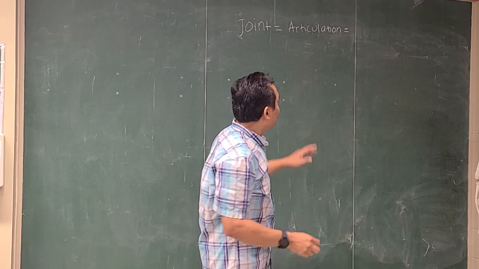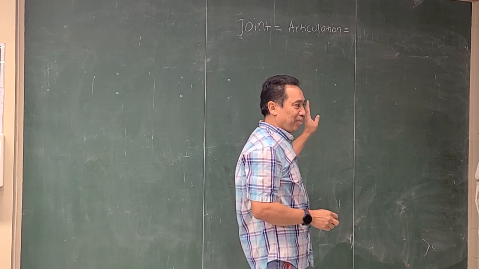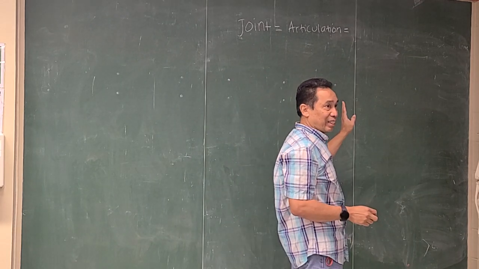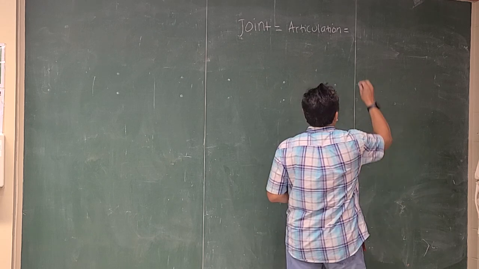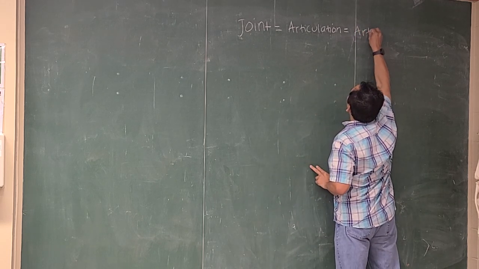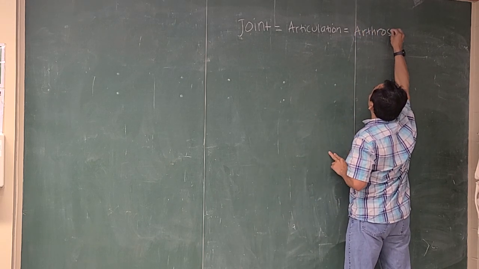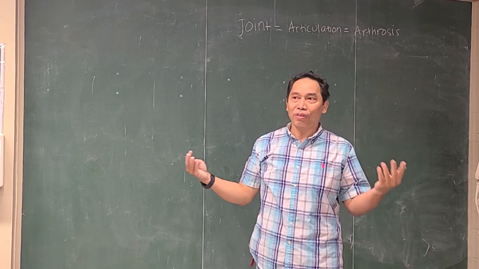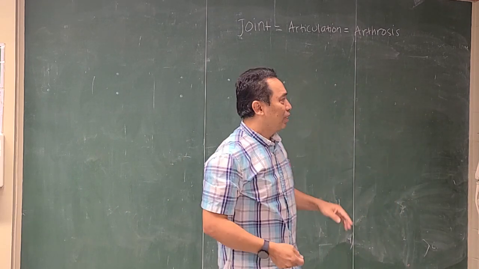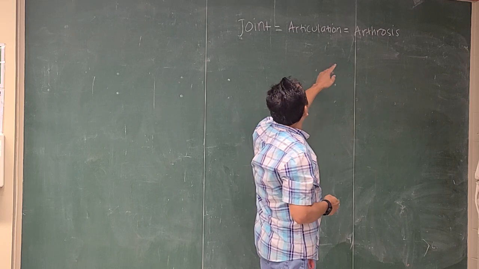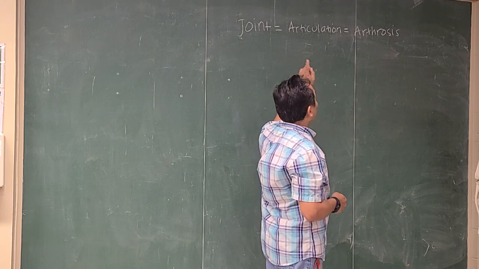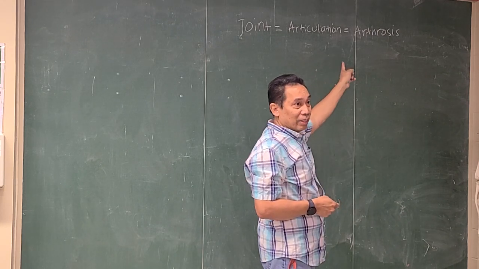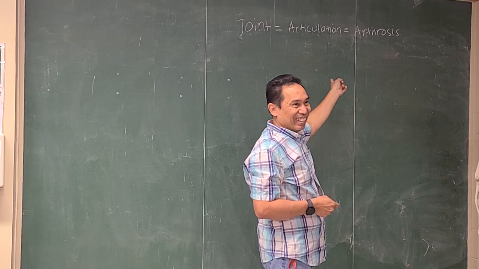And then the scientific name is arthrosis. Arthrosis. Then you have arthritis later, which is related to this scientific name. Joint, articulation, arthrosis.